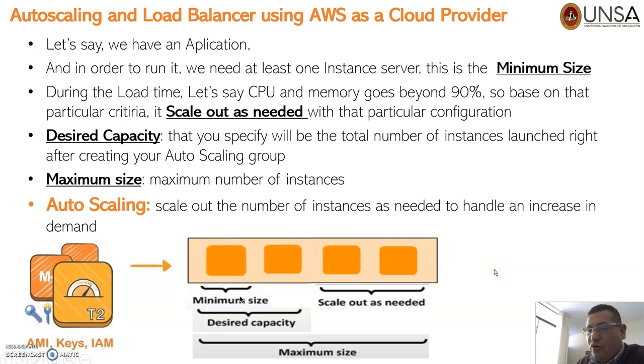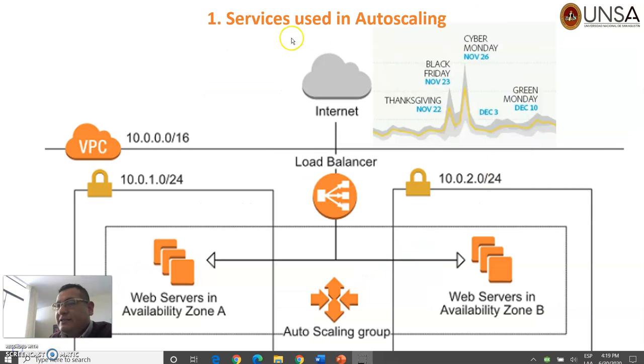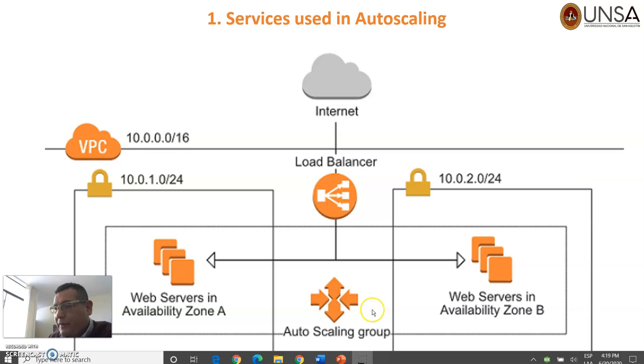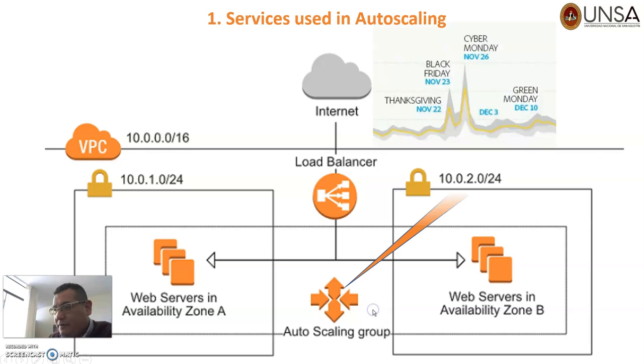So what is autoscaling? Scale out the number of instances as needed to handle increases in demand. Services used in autoscaling. According to the demand, autoscaling groups have a purpose.